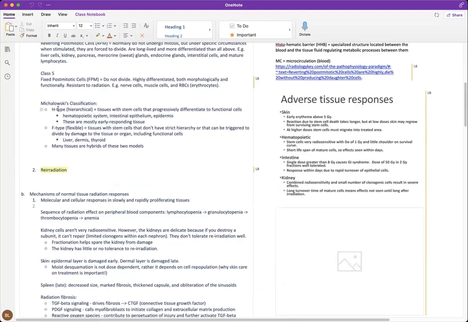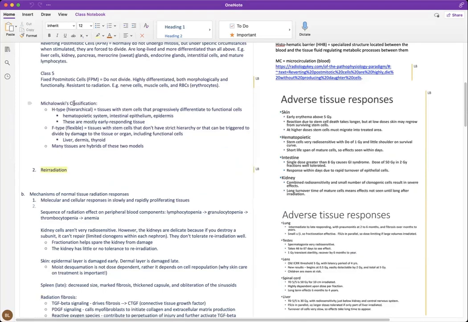There is something called the Michalowski classification. So this also comes up. You'll see it in the flashcards that you guys have, and in questions that are kind of old school. They basically ask you which of the following is an example of an H-type cell, or which of the following is a type of F-type cell.